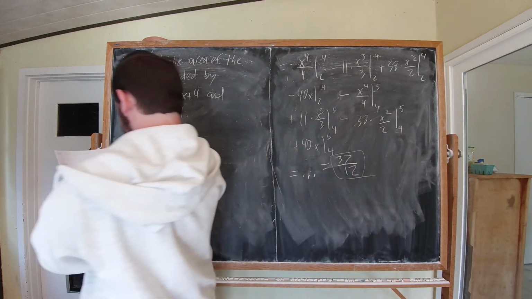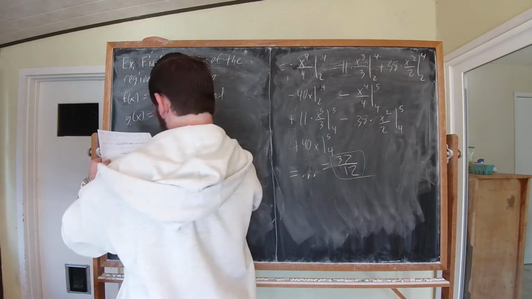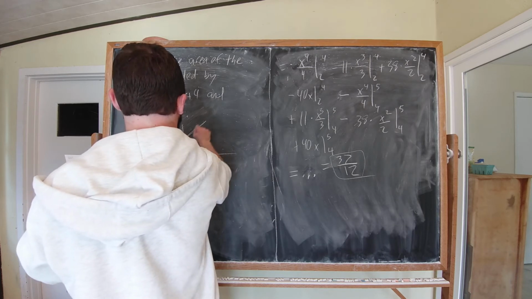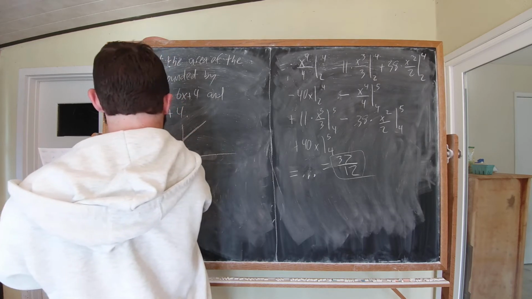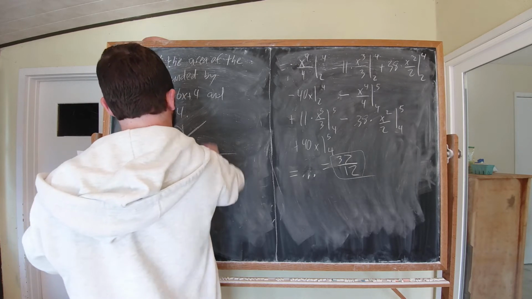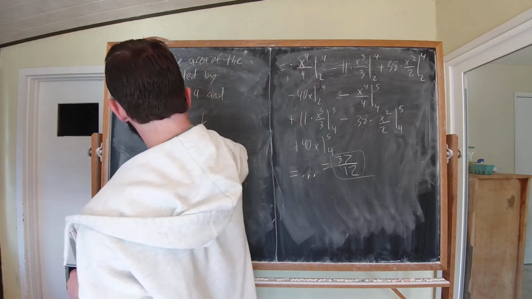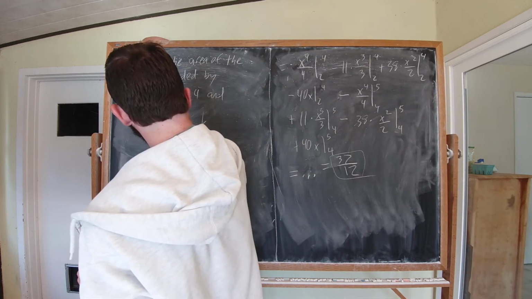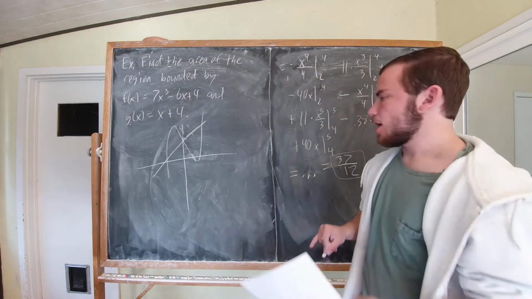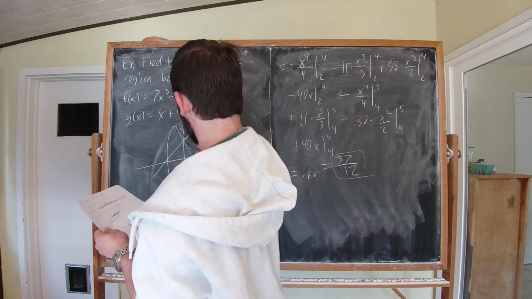Alright, so if you were to sketch this region, it would end up looking roughly like this, if you were to try to sketch those. There we go. Alright, so we're looking for, and it doesn't dip down quite that far.